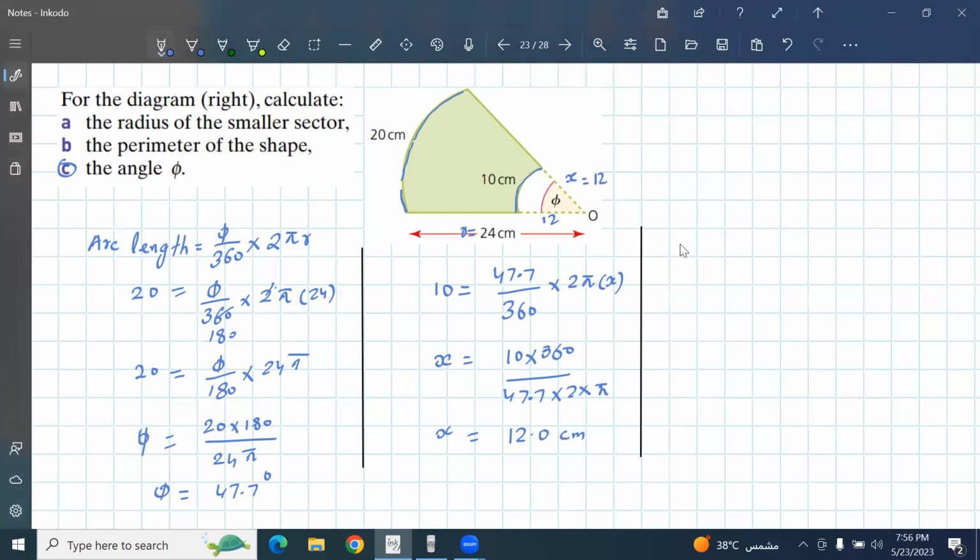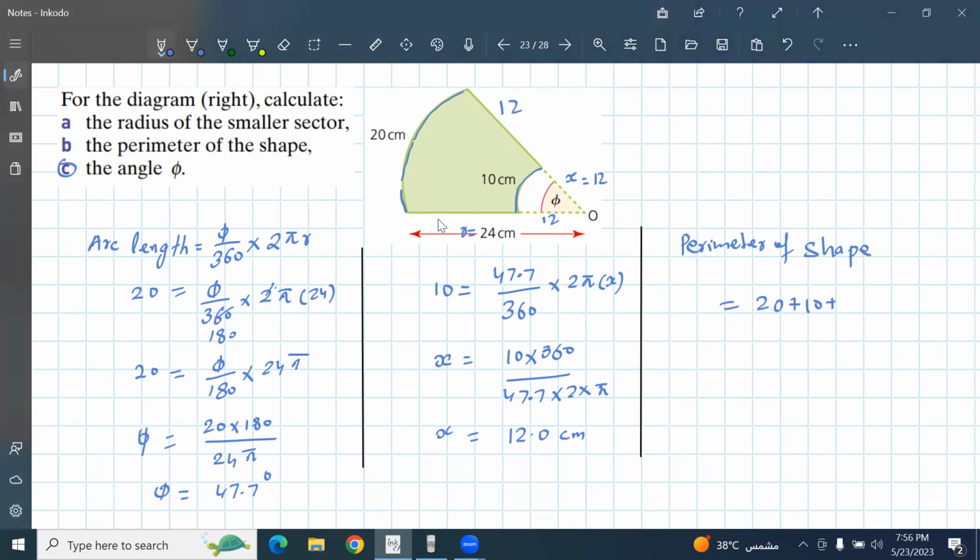For that, the perimeter of the shape is equal to two arc lengths, which are 20 plus 10, and then we have, look, the total radius or bigger radius is 24, so 24 minus 12, that gives us 12.